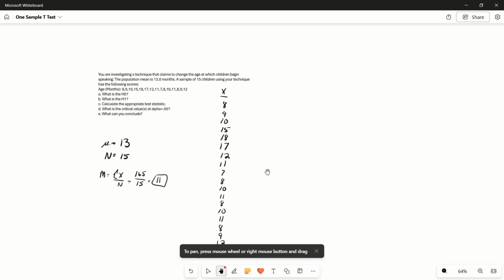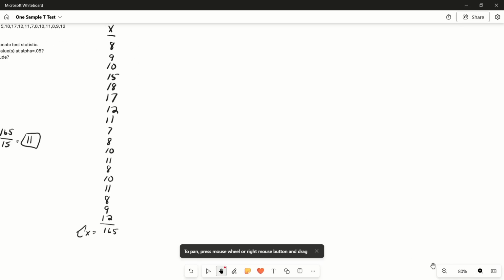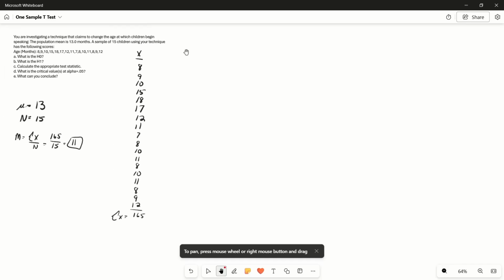So I'm going to shrink the screen a bit here to fit it all together. All right, so this is going to be x minus m. So we're subtracting 11 from each of these.